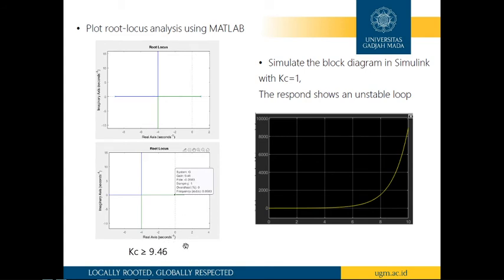So the Kc minimum for the second order open loop is 9.46. If we want to stabilize the loop, we pick a Kc greater than 9.46.